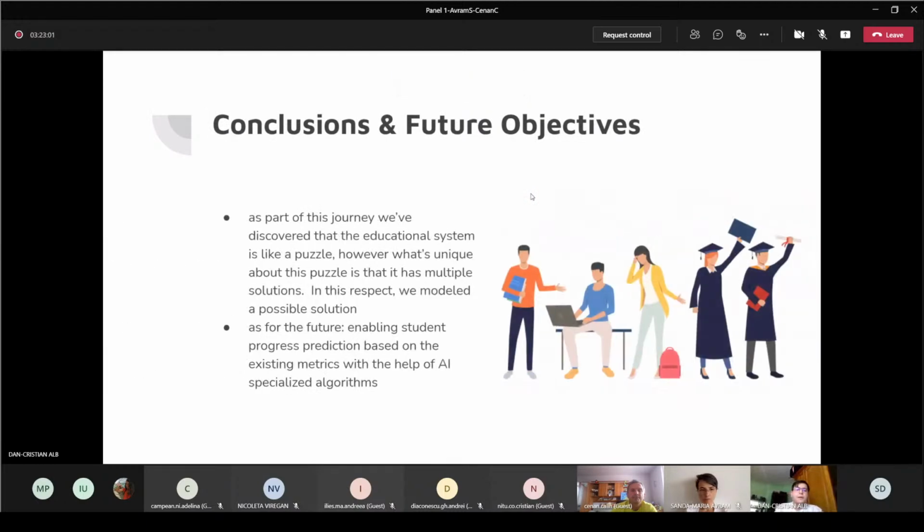Conclusions and future objectives. Well, as part of this journey, we learned that the educational system is basically like a puzzle. However, unlike regular puzzles, this puzzle can admit multiple solutions. And in this way, we only proposed a possible solution to the puzzle based on active learning methods and an agile model teaching learning process.